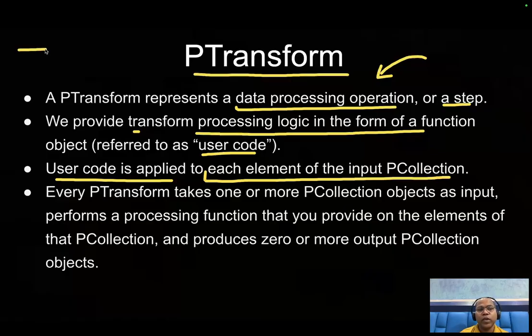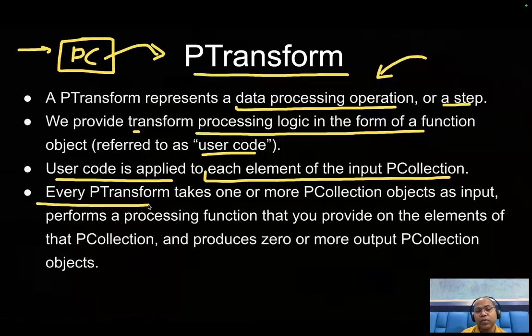Whatever your input is, it becomes a part of your PCollection, and on the PCollection you are going to perform some user defined function, some transformation, on each and every element.